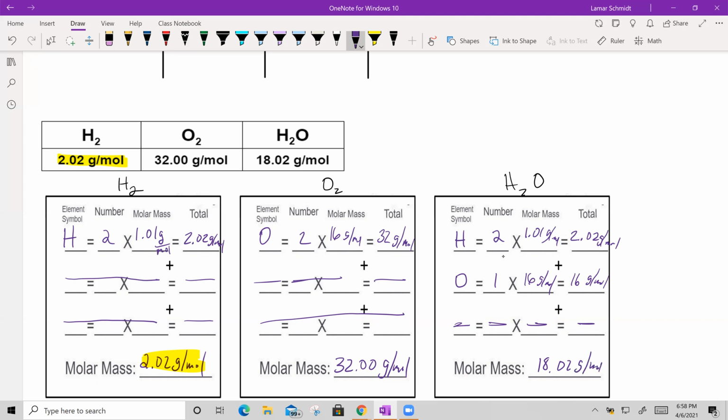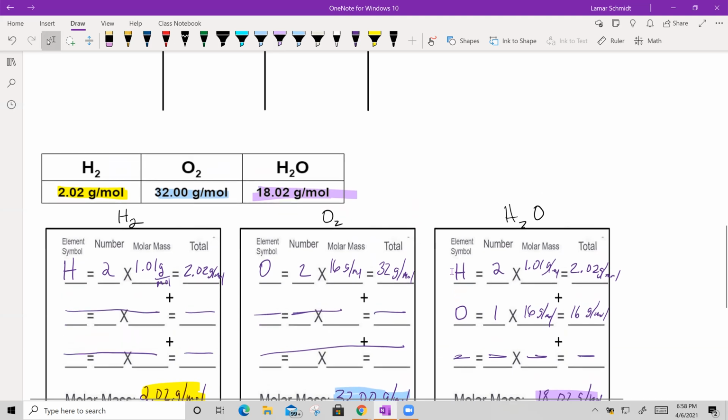So we see that this was matching that, and we also see that this is matching that. And that's where we're getting those values, and very easy to calculate. You have the template there to help you when you need to calculate molar mass later on, so please use that. But that's how we get those values.